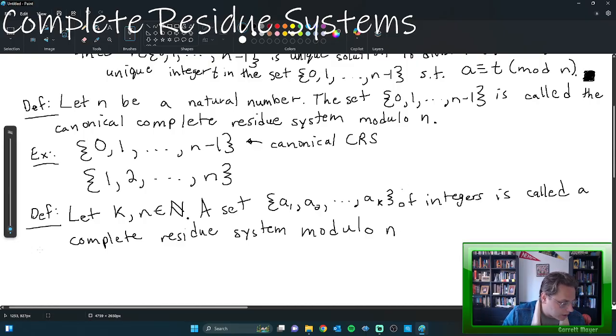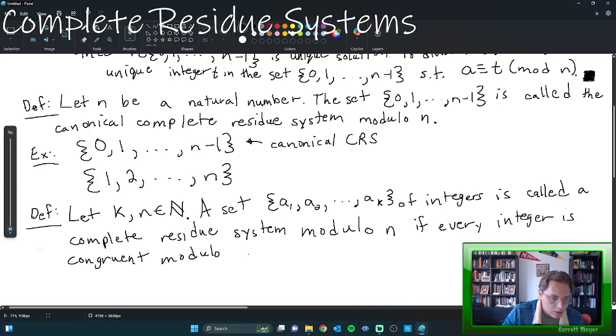A complete residue system modulo n if every integer is congruent modulo n to exactly one element in the set.